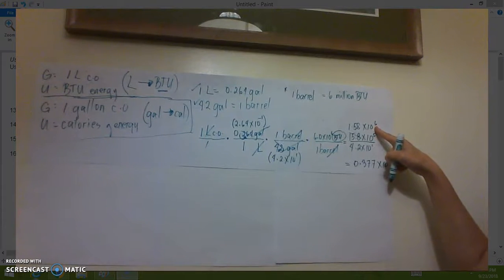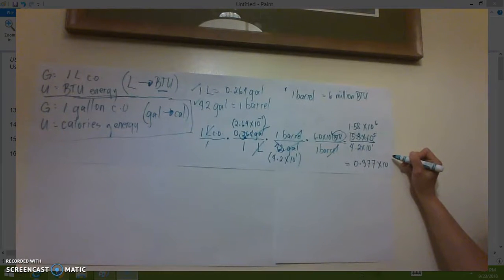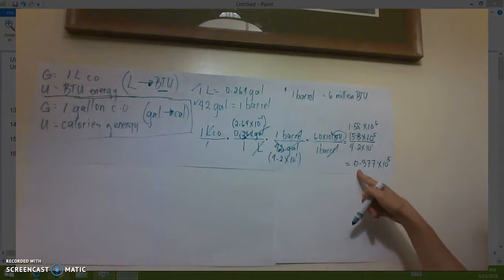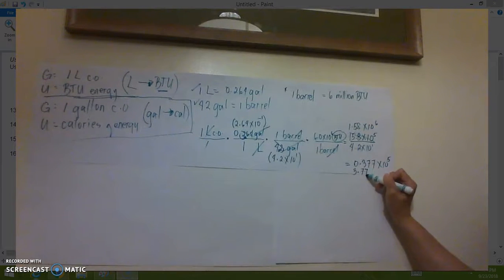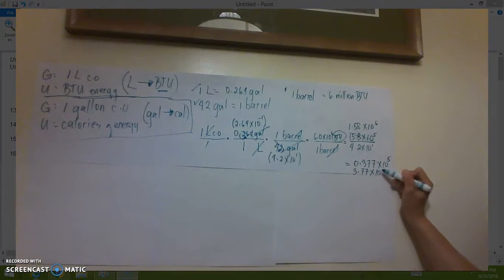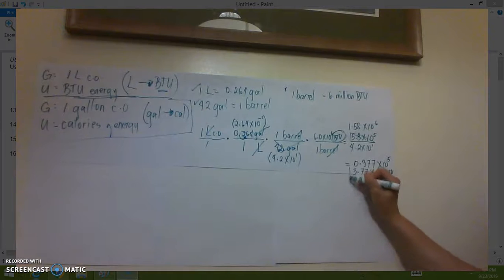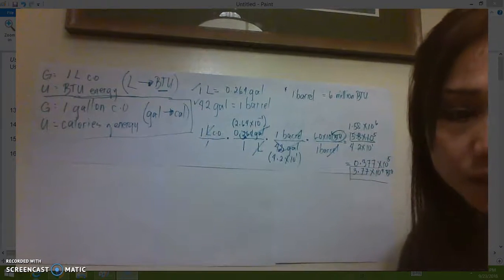When you are dividing exponents, you have to subtract. So it's going to be to the 5th power. And again, you have to change this into the proper way of writing scientific notation. So it's going to be 3.77 times 10 to the 4th power, and use the unit BTU. So now we have the answer for the first part of the problem.